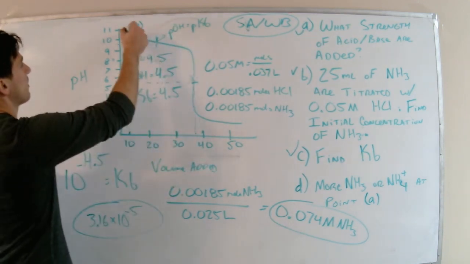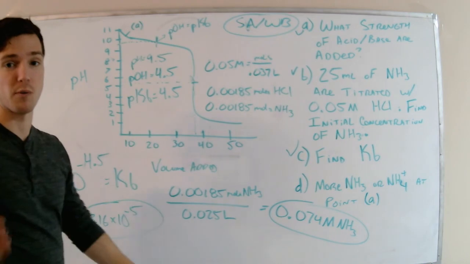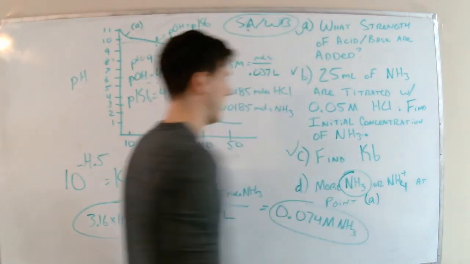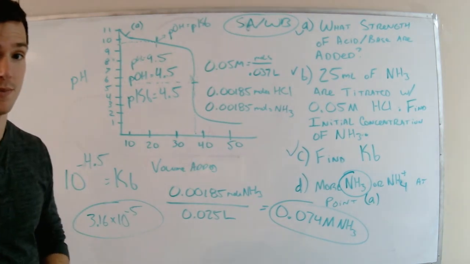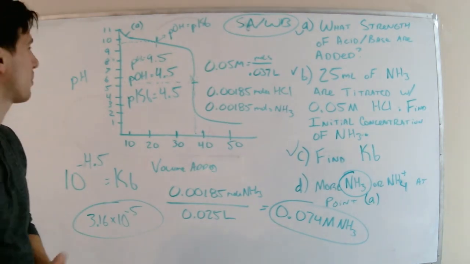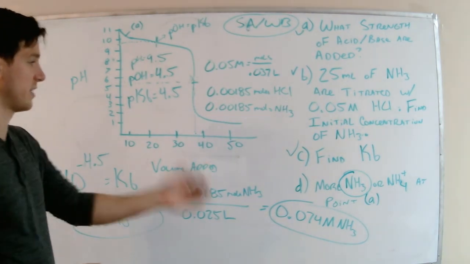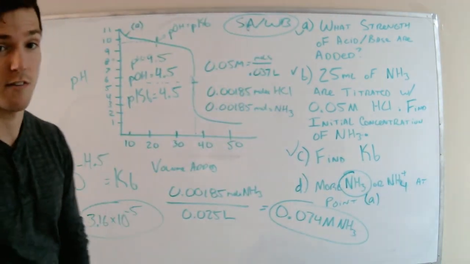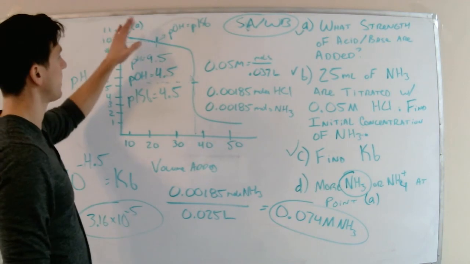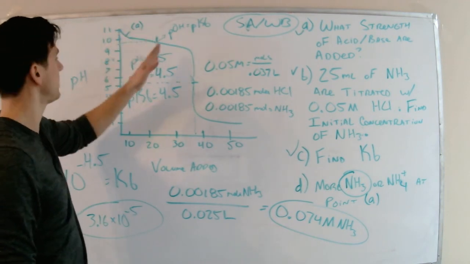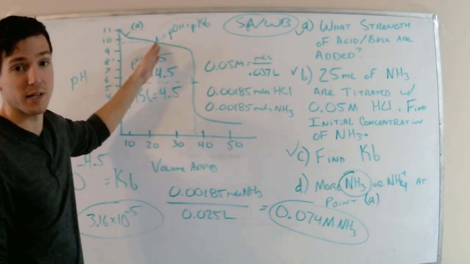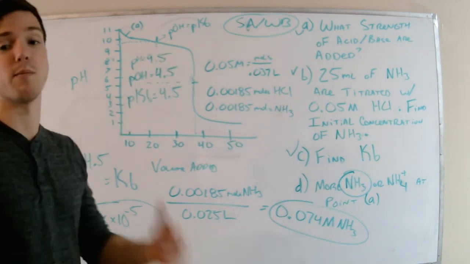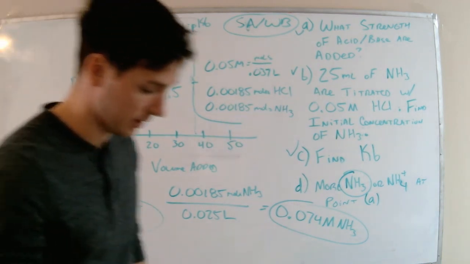So at point A, we're going to have more of what we started with, which in this case is NH3. We add H plus, that H goes in there, gets eaten up by that base, and gets turned to NH4 plus. So more NH3 at point A, at the half equivalence point NH3 and NH4 plus equal one another, and past the half equivalence point we get more NH4 plus.